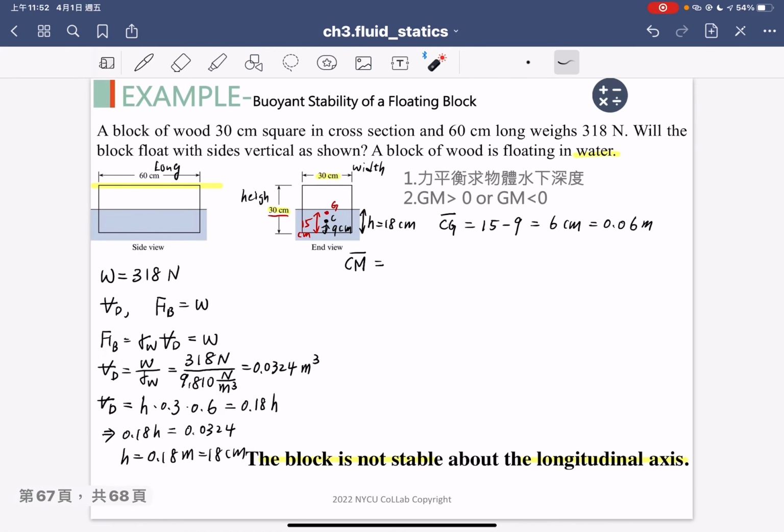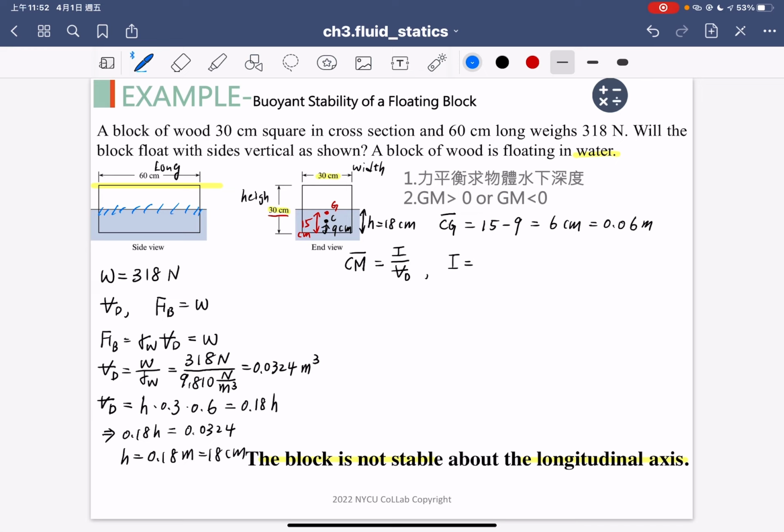So we follow this equation: it's equal to I divided by Vd, right? The Vd is the displaced volume. So what is the I here? The I is the second moment of the cross-section area of the water line. So what is the cross-section area? It is here, right? This is the cross-section area along the water line.